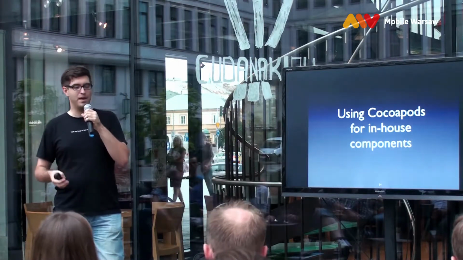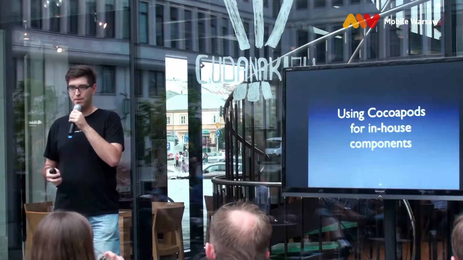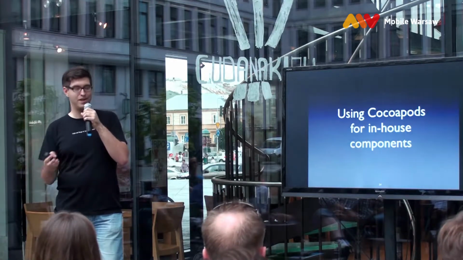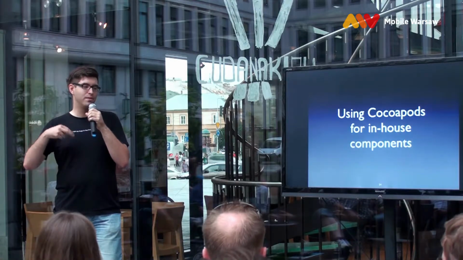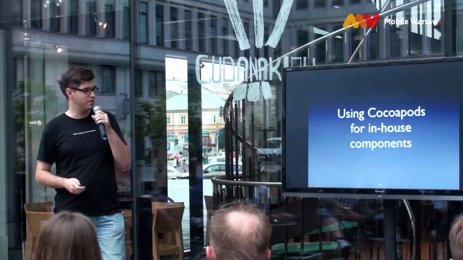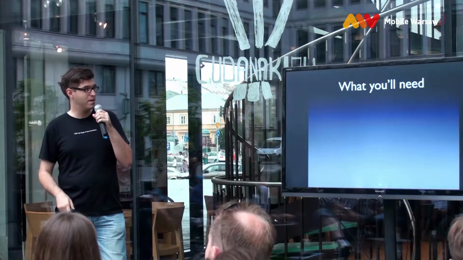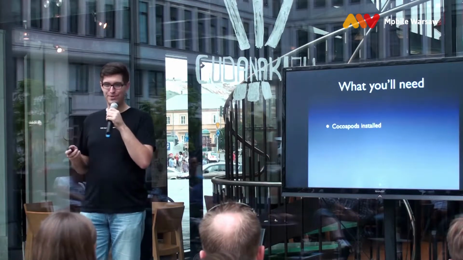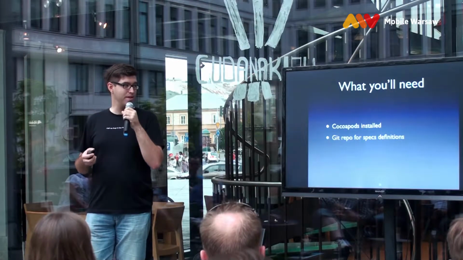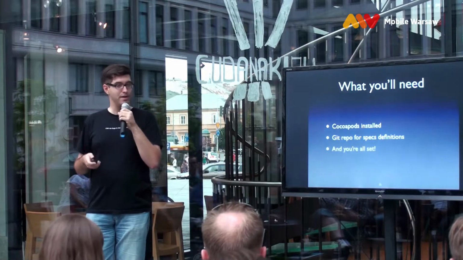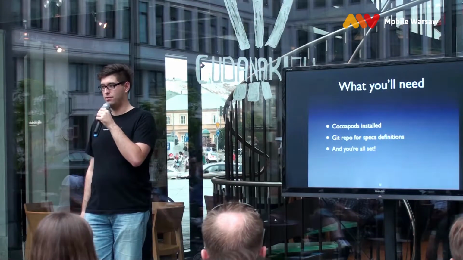And it really made our life easy that we could just define an external component, well, actually internal component, and then just in 3 lines of code, install it into one of our newly started projects. So how can you do this? What you'll need first: you'll need Cocoapods installed, which is kind of obvious. You'll need an empty Git repository for specs definitions, and you're all set. That's actually everything that you need.